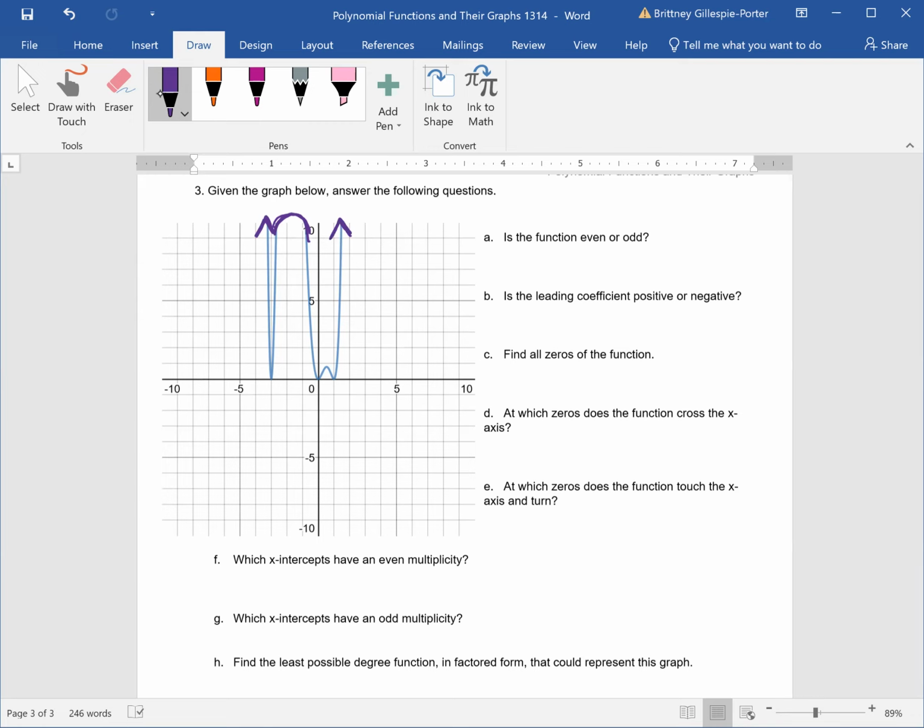Here, since my arrows are going the same way, notice that we are rising left and rising right. Since we're rising left and rising right, our arms are the same. And if our arms are the same, we have an even degree.